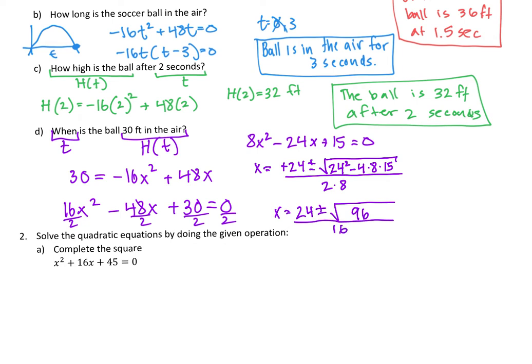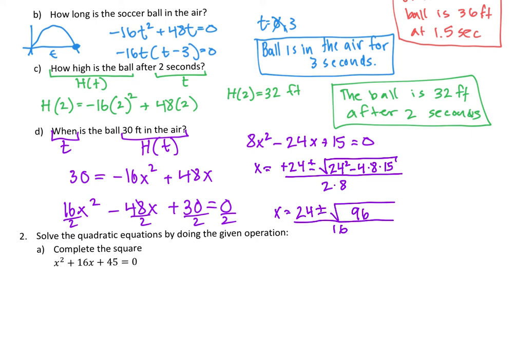Now I can simplify the square root of 96 if I want to. And normally on a quadratic function you would need to. But because we're just trying to find the actual time, I'm just going to plug this into the calculator and get approximations of when that time is. And I'll just round to like the nearest tenth.